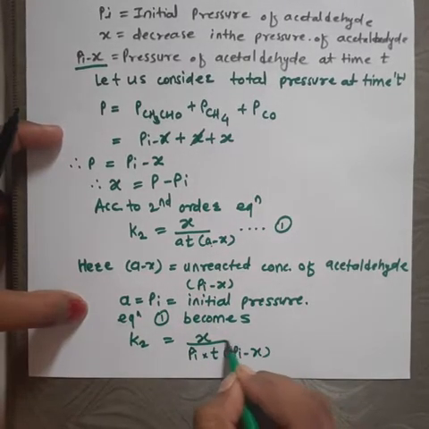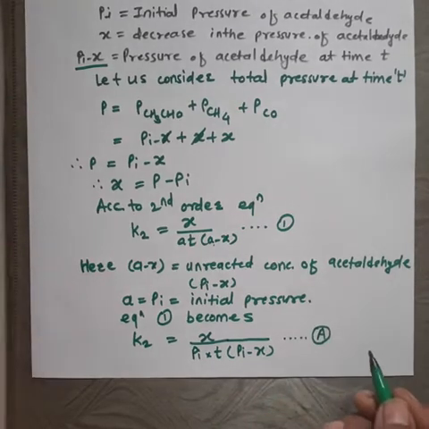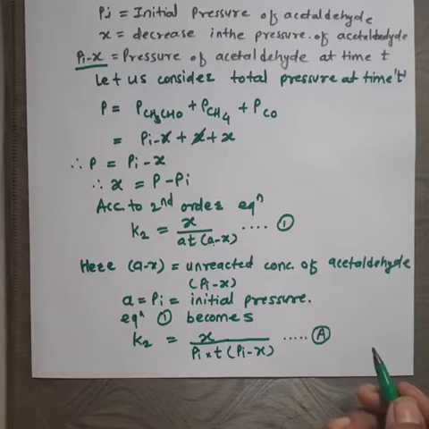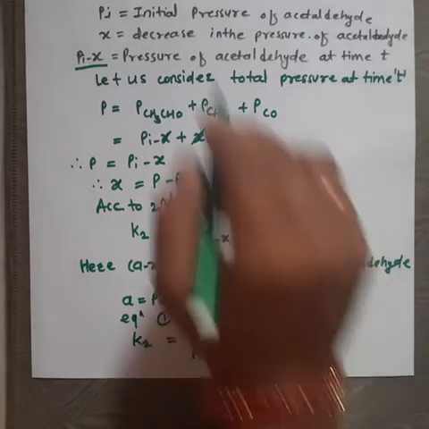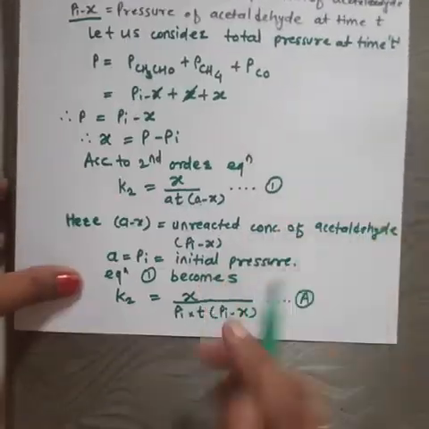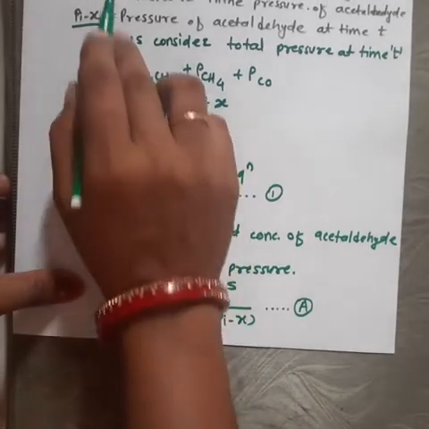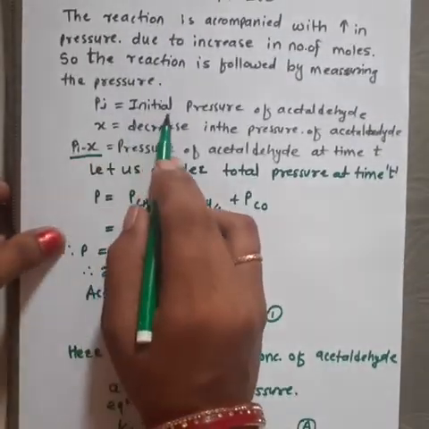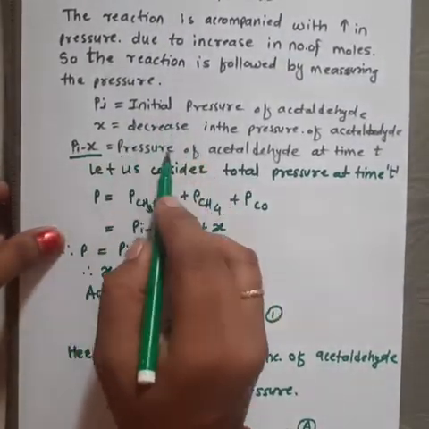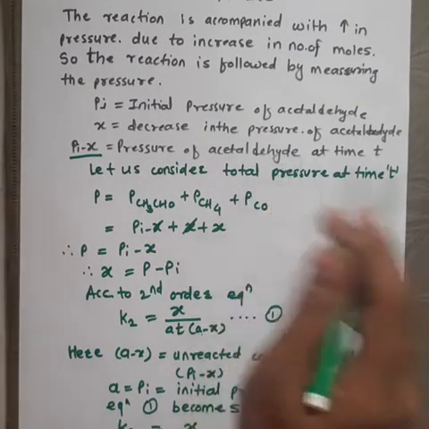This is equation A. So this is the required equation for the decomposition of acetaldehyde. Here Pi is the initial pressure of acetaldehyde and Pi minus x is the pressure of acetaldehyde at time t.